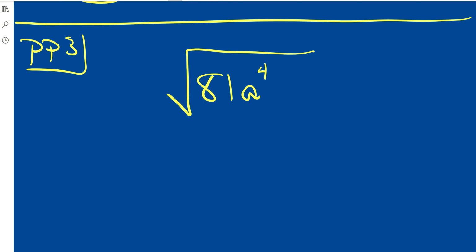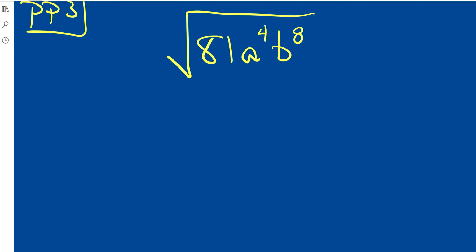I've got to look at this and say, what is this? The square root of 81 is going to give us 9. It's like 3 times 3 times 3 times 3. And if this is a square root, then for every 2 of the same number, I take 1 out.